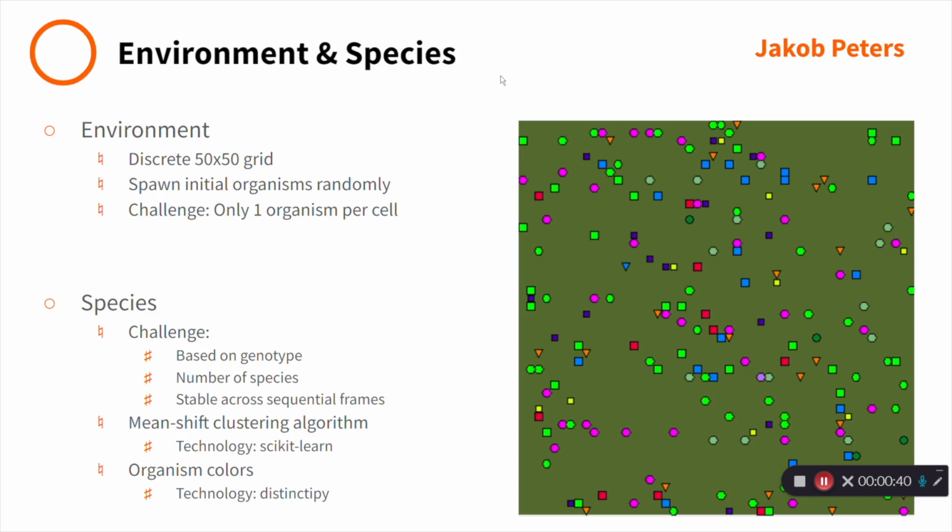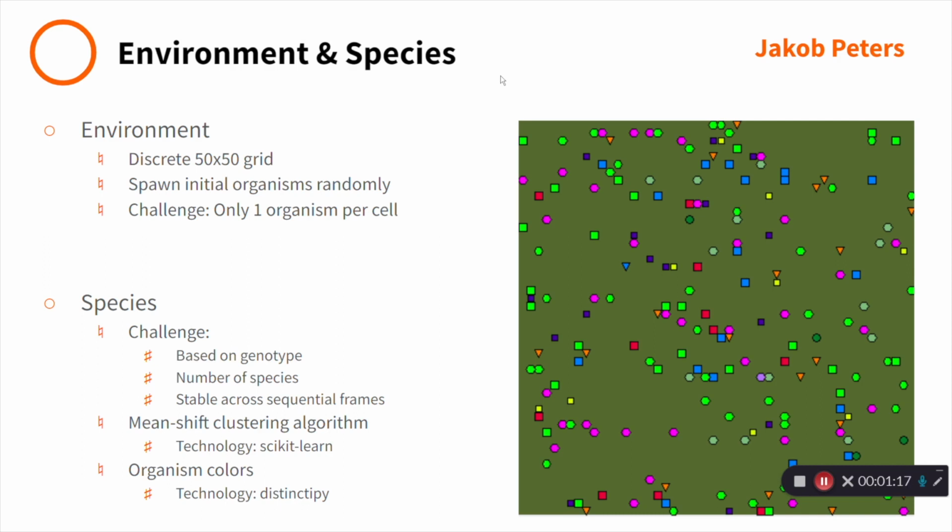Early on, our team decided that the organisms would live on a discrete grid. This would make it a lot easier for us to determine things like collision and movement rather than needing to deal with continuous values. So when the simulation starts, the organisms are placed randomly on this grid, and then each frame follows their behavior from there.